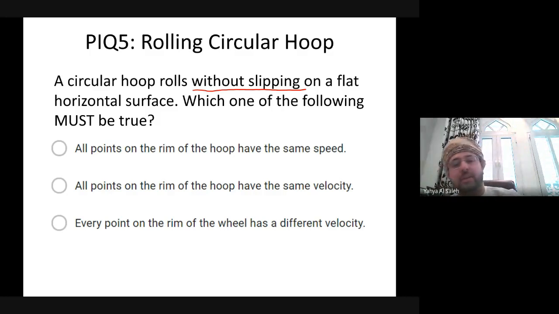Okay, so we all agree that this is not possible. Everyone says every point on the rim of the wheel has a different velocity. And no one says all points on the rim of the hoop have the same speed.